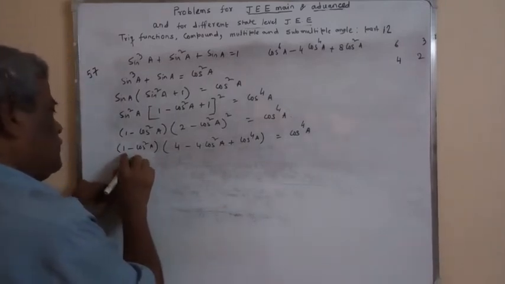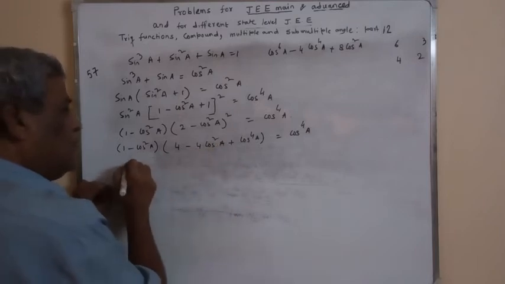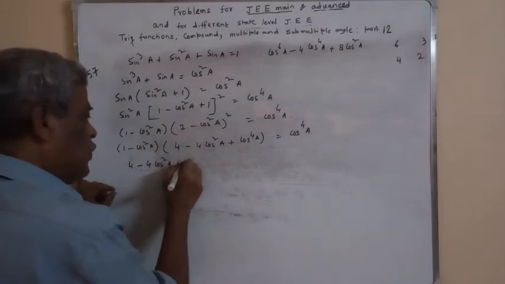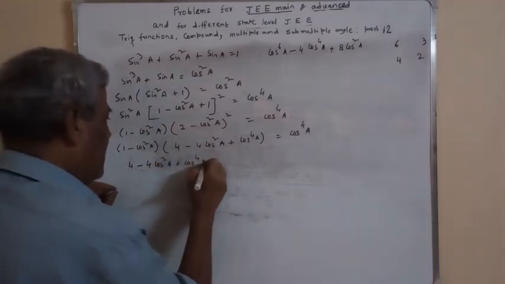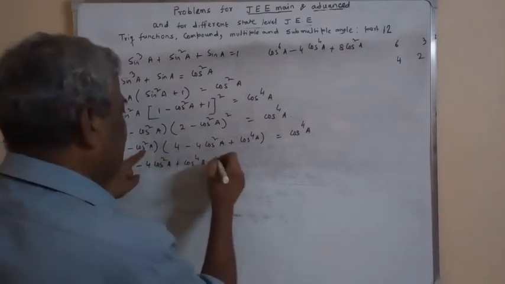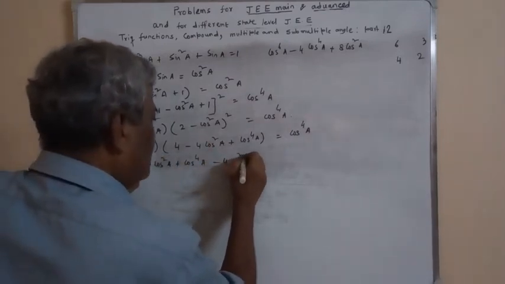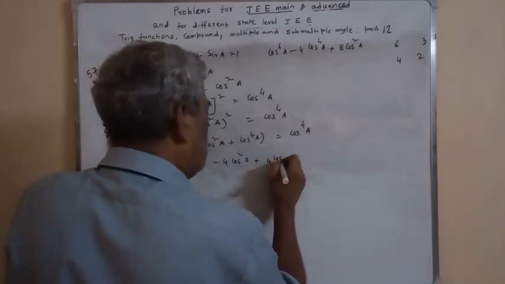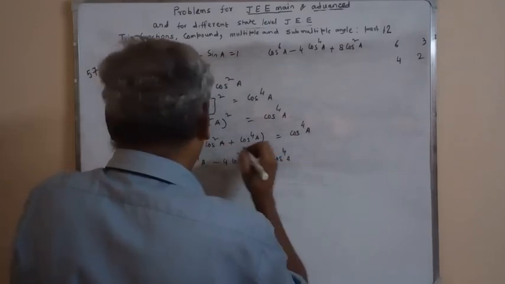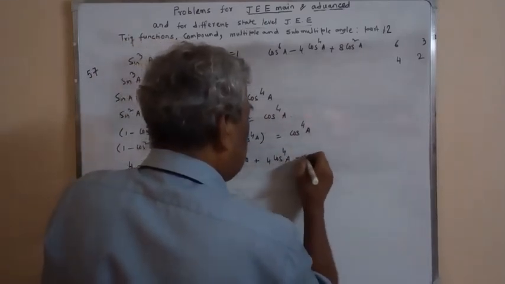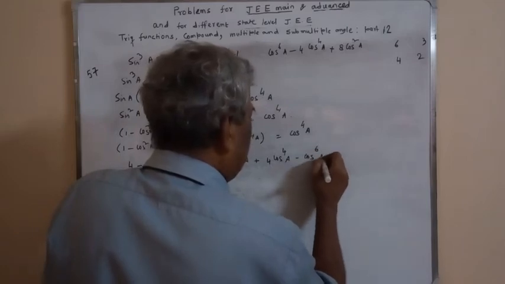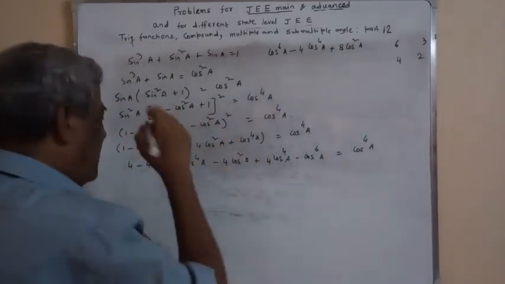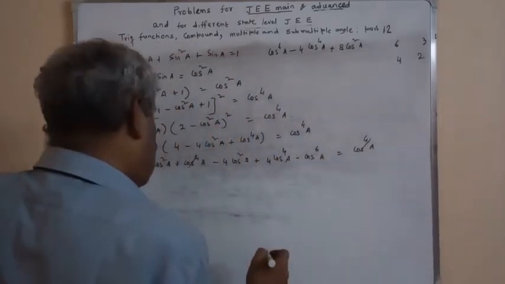Now this is equal to 1 into that, which is 4 minus 4 cos square A plus cos to the power 4A, minus, now multiply this with that, 4 cos square A plus 4 cos to the power 4A minus cos to the power 6A, is equal to cos to the power 4A. This cos to the power 4A cancels.